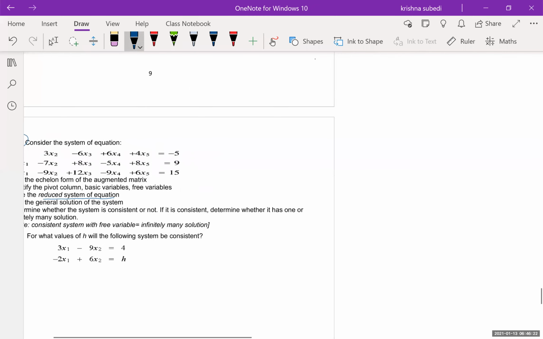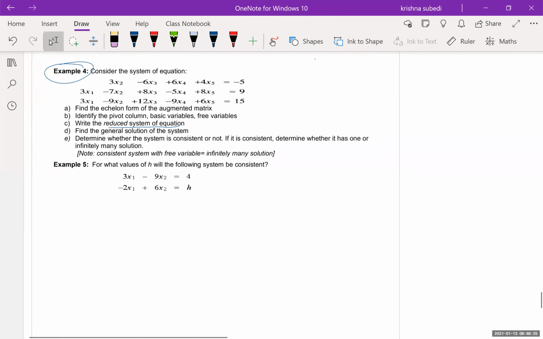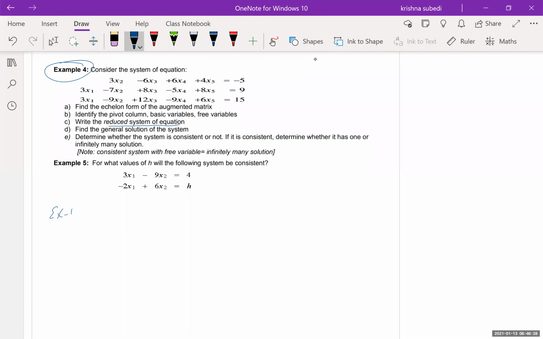Anyway, I'm going to do this here, okay? So example 4, solution. First of all, write the augmented matrix. Consider the augmented matrix, which is, you see this one is x1 will be 0, x2, x3, x4, x5, and constant terms.